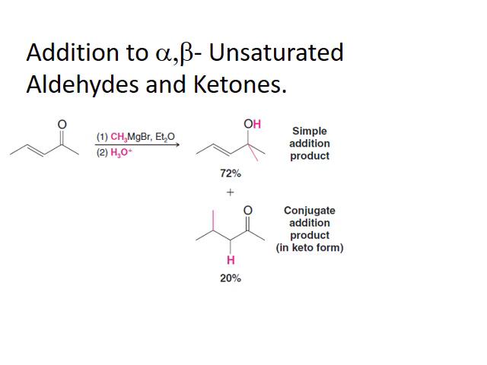The second way, the nucleophile attacks the beta carbon in what's called conjugate addition reaction. The product is called the conjugate addition product, to give the ketone.